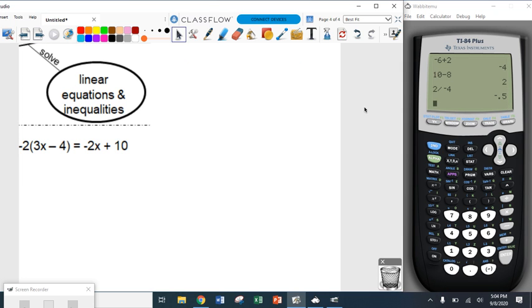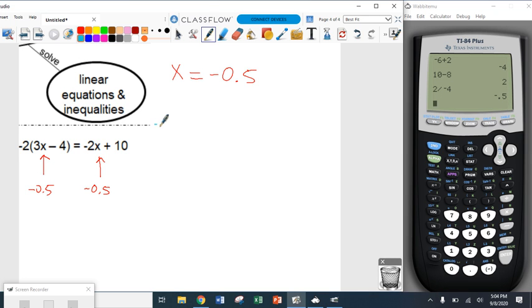There's my equation, and we said that x should equal negative 0.5. I'm going to go ahead and plug this back in, so I'm replacing this x and this x with negative 0.5. I'm going to rewrite this so that I don't get confused.